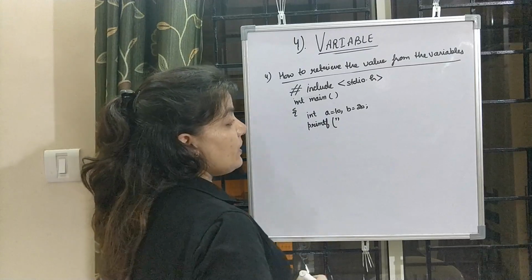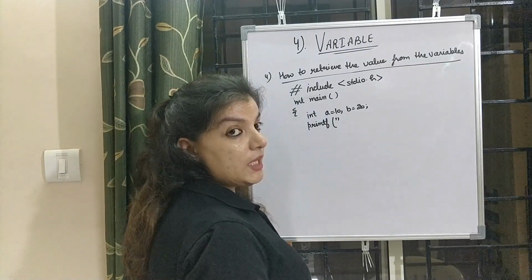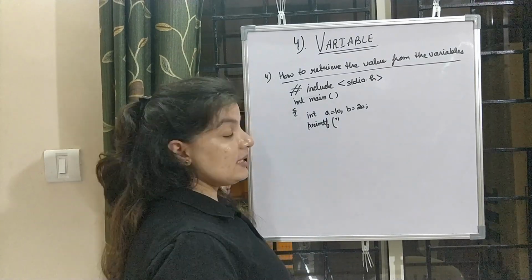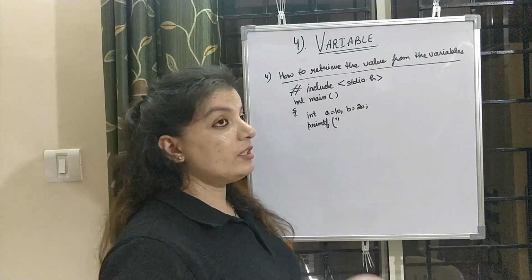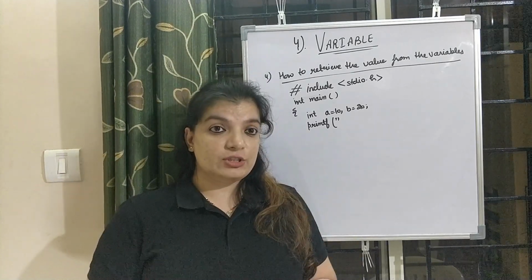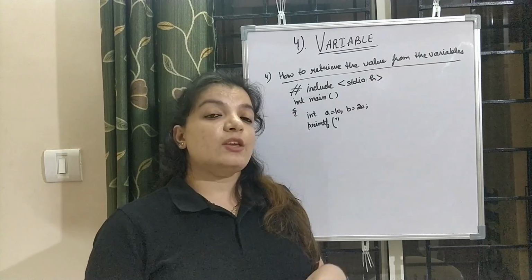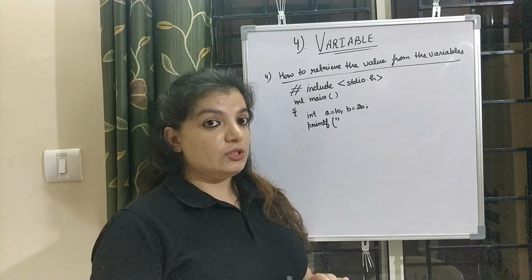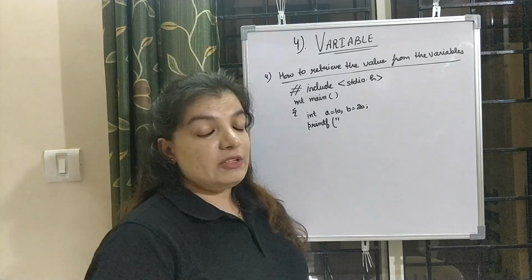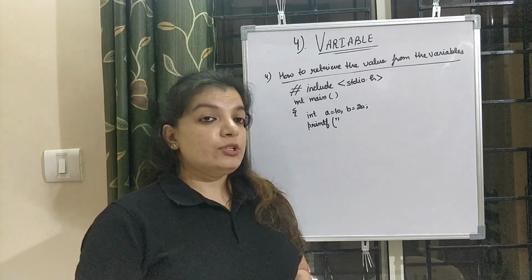In my second video, on basic syntax, I discussed the printf function. What is the use of the printf function? The printf function is used to print the value whatever we have written in that function, and the value will be printed on the output screen.